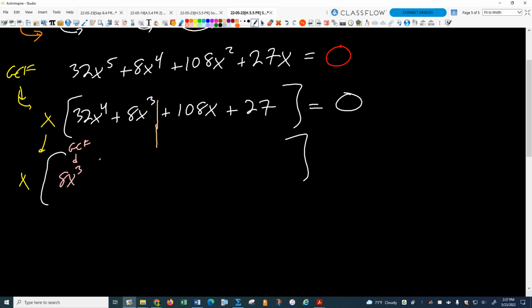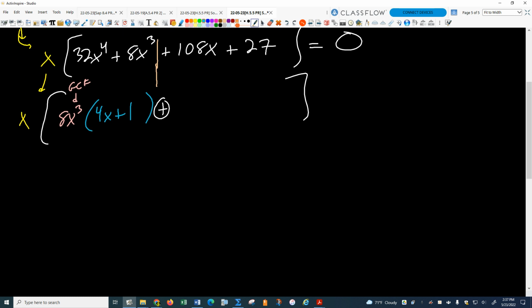What's left behind then if we undistribute an 8x cubed from group 1? 4x plus 1. Now let's not forget we've got to put a plus in the middle between the 2 groups. What do we know has to be true in group 2 then? Good. In order for it to work, we have to have a 4x plus 1 over here.